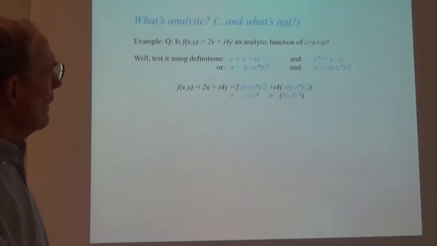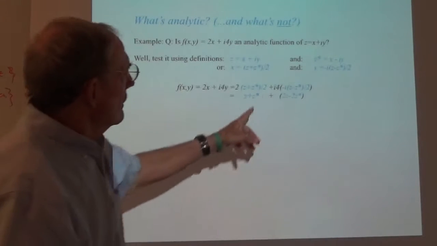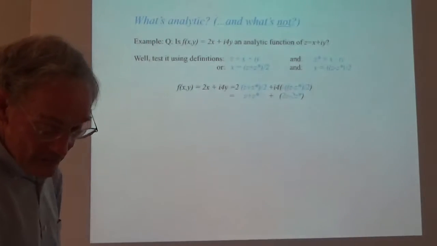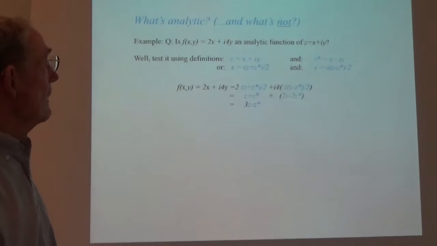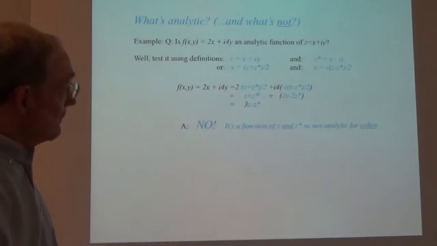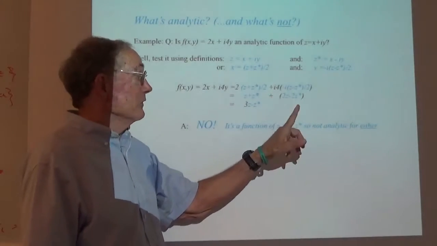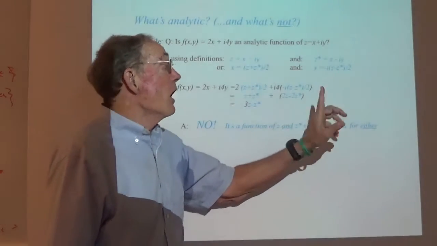It's z plus z star, and then the i's cancel, so I get 2z minus 2z star. I get 3z minus z star. The answer is a big fat no, because it's a function of z and z star, so it is not an analytic function of either.